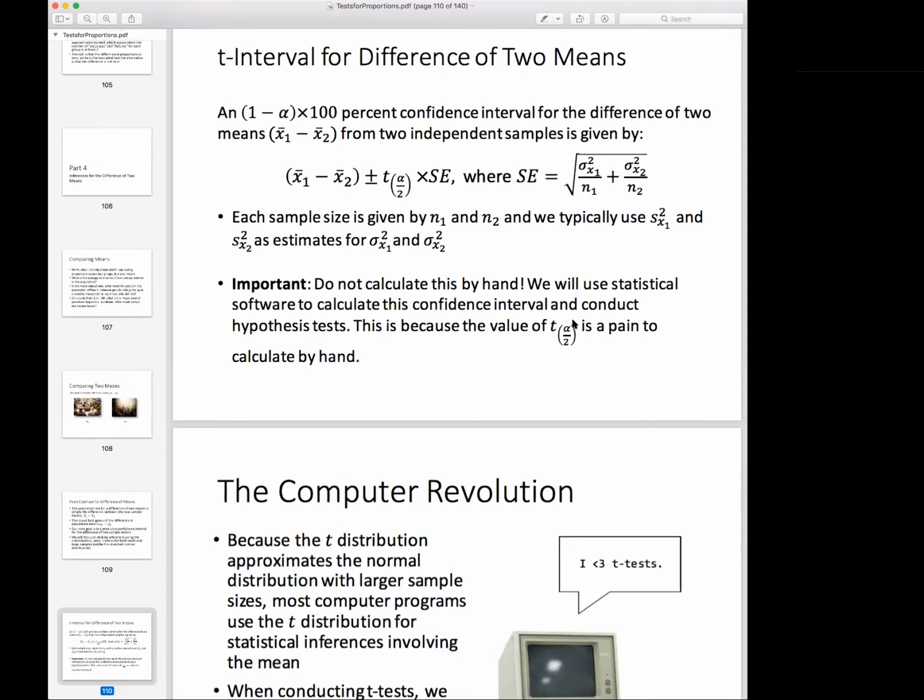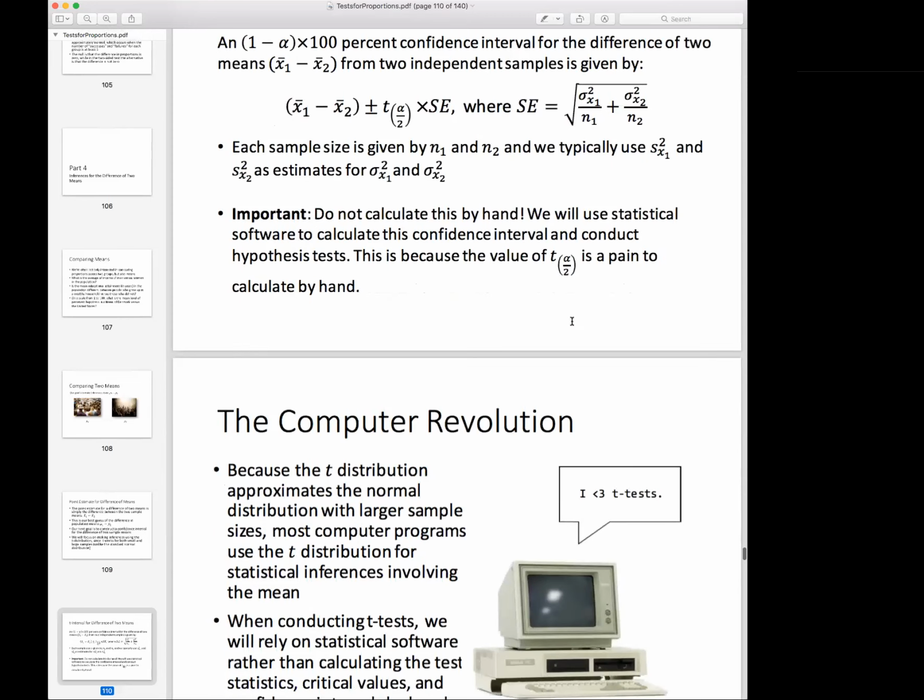So we can use statistical software to calculate this because the t critical value will change based on your degrees of freedom.